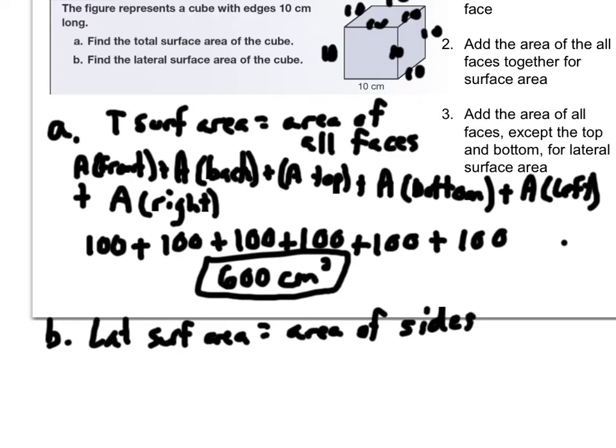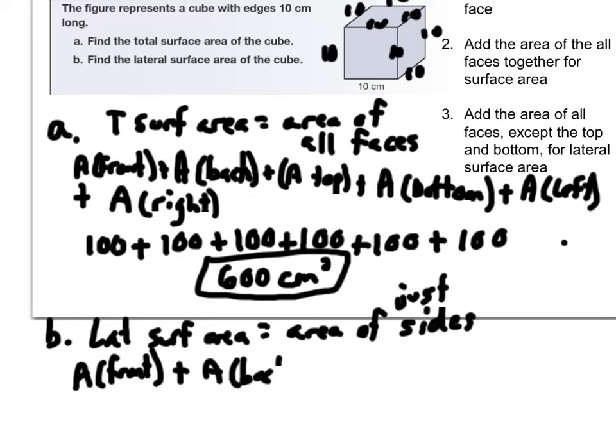Okay, so the area of the sides. So not the top or the bottom. So we want the area of the front, again, plus the area of the back, plus the area of the left, plus the area of the right.